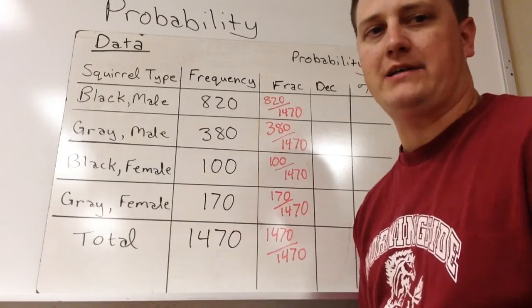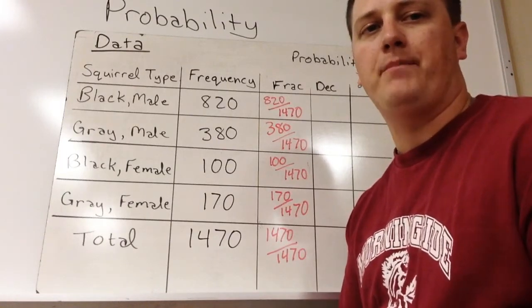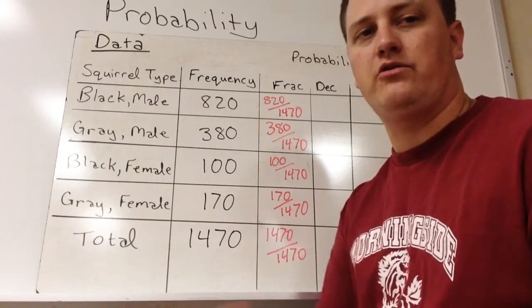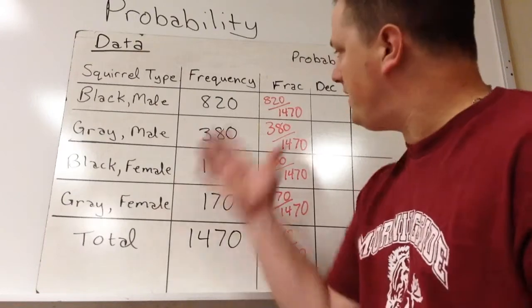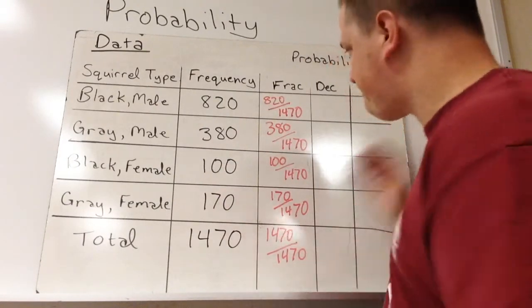Okay, so there are fractions. With the fractions, we can reduce the fractions if possible, but you don't have to within probability. When you're working with easy numbers to reduce, it's common to reduce them, but these are a little bit tougher numbers to reduce, so I just leave them the way they are.